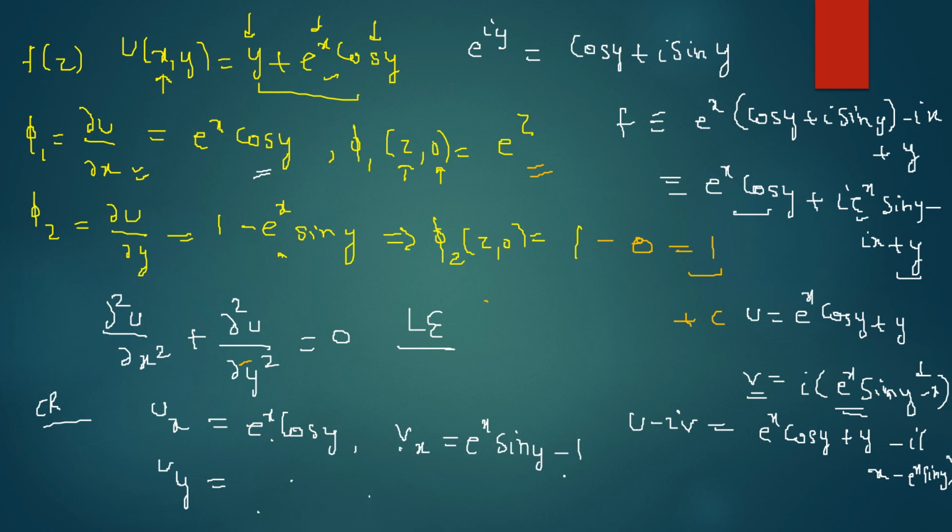What is uy? If you do it with respect to y, we have already found out, 1 minus e raised to power x sin y. What is vy? Differentiate it with respect to y. So e raised to power x, for sin y it is cos y, and x is 0 because we are doing it with respect to y. Correct? Now tell me, is ux equal to vy?